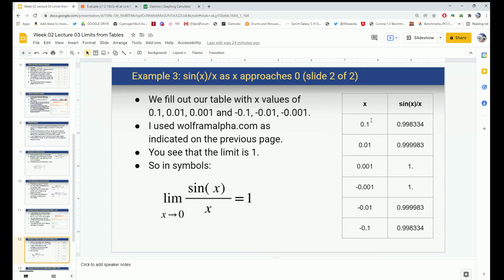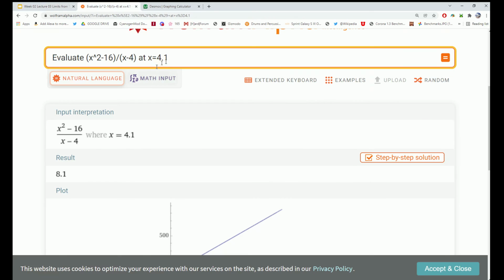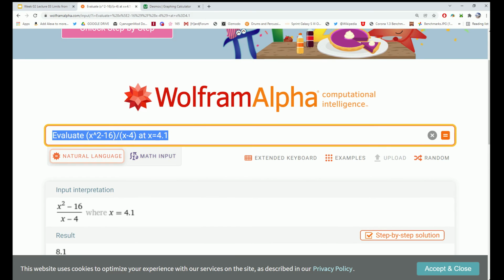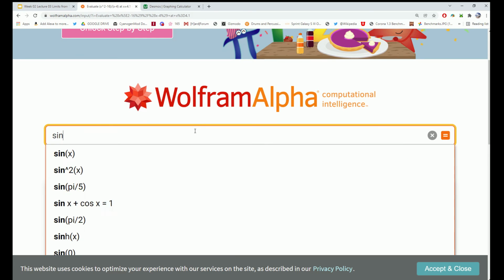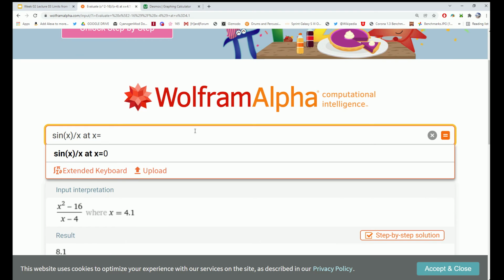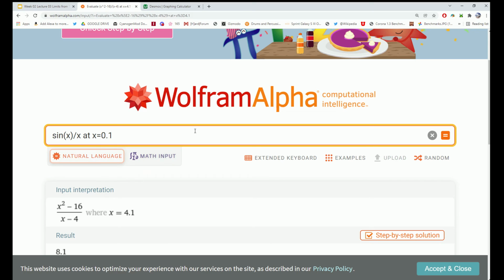Remember, we're going to come up with that using Wolfram Alpha. So I can just say we're doing sine x divided by x at x equals, and you can't say x equals 0 because it's undefined, but you can do it at 0.1. So sine x over x at x equals 0.1.